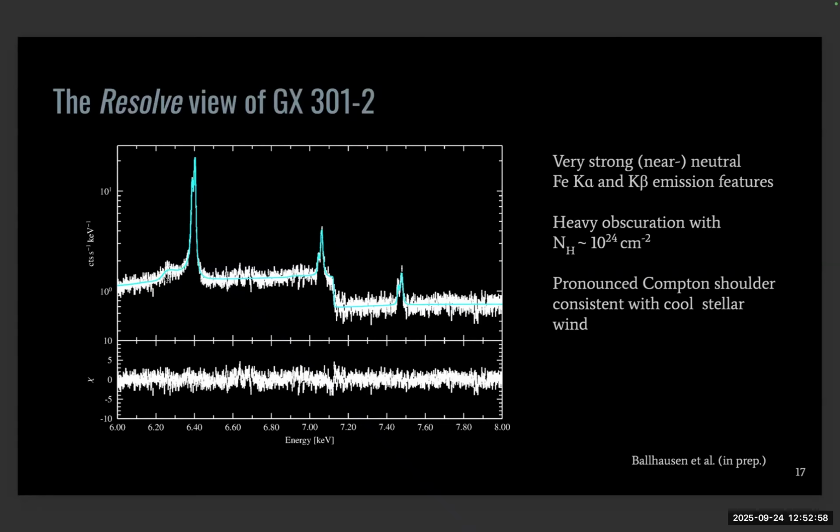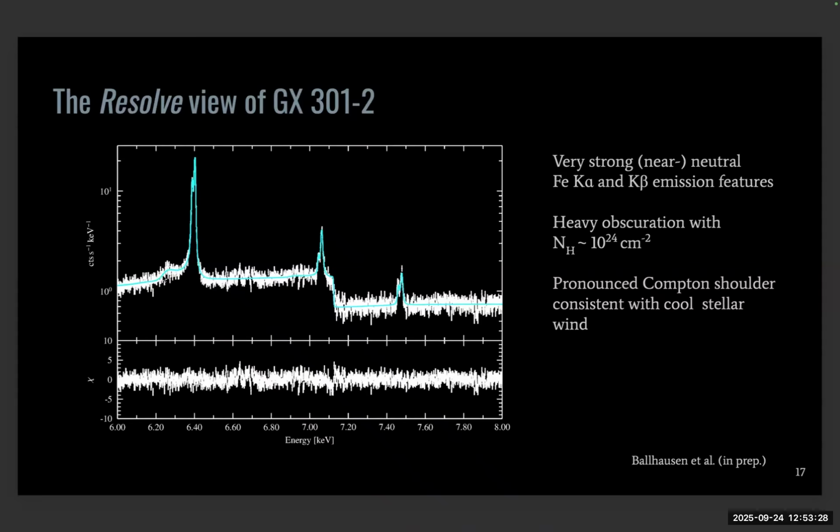So measuring this shoulder, constraining the shape of the shoulder, allows us to probe the temperature of that medium, because if the temperature gets high, then this feature gets broader, and at a certain temperature just gets smeared out. So what we're able to do is set limits on the temperature of this plasma to a few eV.